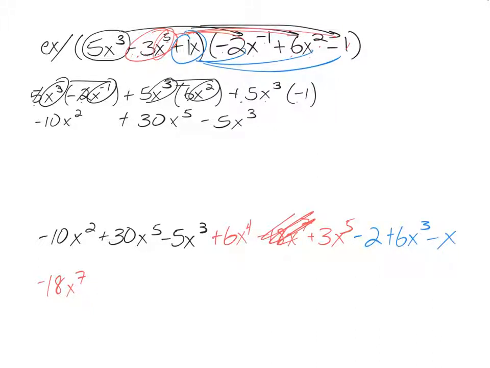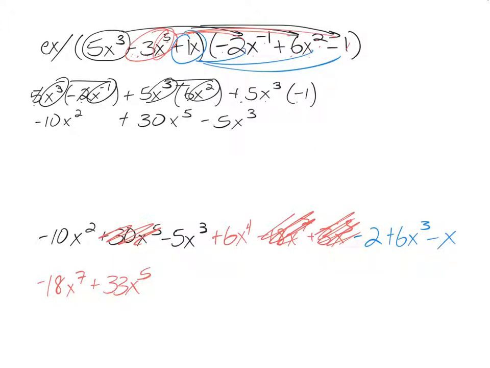Let's see, the next biggest exponent of x would be 5. Oh, I see, I have a couple terms with x to the fifth. So I need to combine those together. So I have 30 and 3 more. That would leave me with a plus 33x to the fifth.